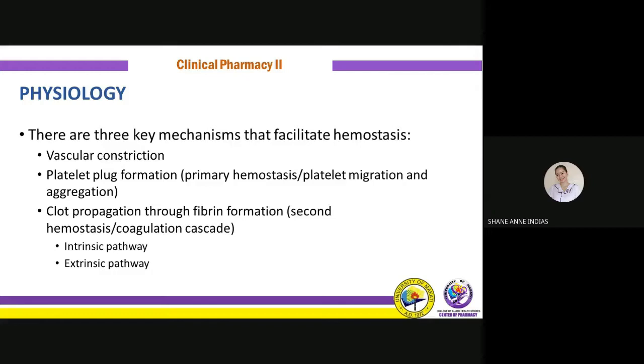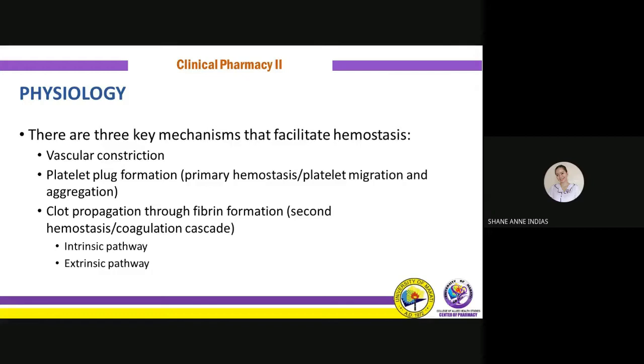And itong intrinsic pathway na to, it begins with the activation of factor 12, of course. And yung activity ni intrinsic pathway, ma-assess natin kung tama ba yung activity niya or nagpo-function ba siya ng maayos via this lab test na tinatawag na activated partial thromboplastin time or the APTT. Later, i-discuss yung mga normal values ng intrinsic path and itong activated partial thromboplastin time.